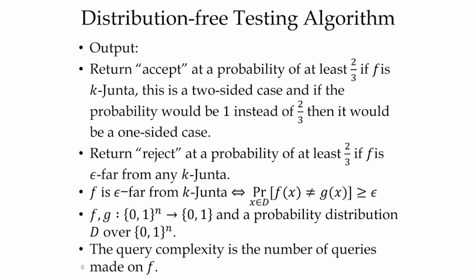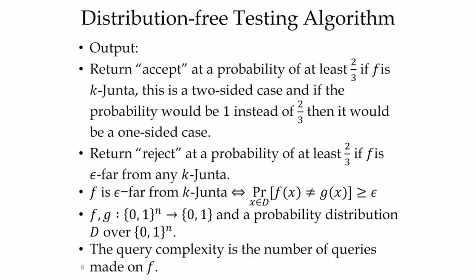F and g both are functions that receive n Boolean variables and output a 0 or a 1, and D is a probability distribution over all the Boolean vectors with the length n.